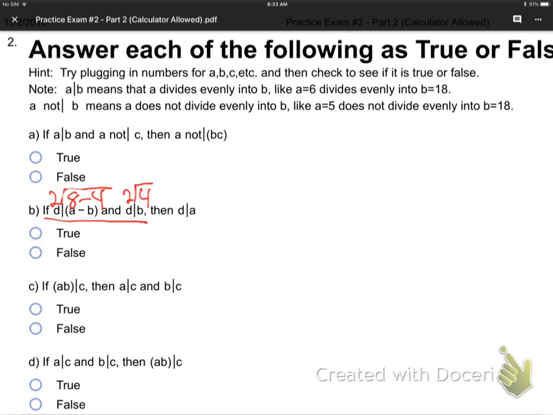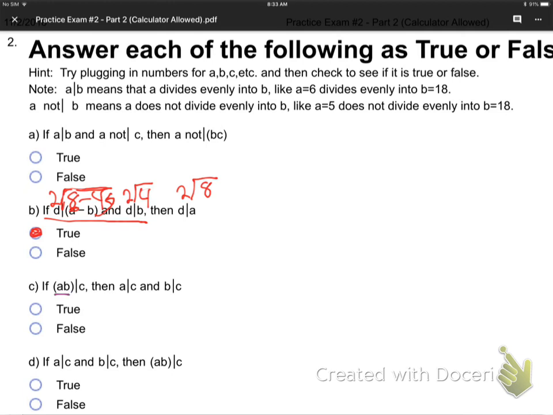Because B is the second number. So now I've met the if. 2 goes into 8 minus 4, which is 4. And 2 goes into 4. That's true. I met the if. Then, what was D? 2 will go into A, which is 8. A is 8 here. Yeah, that's true. This one's always going to be true. Let's go on to C.